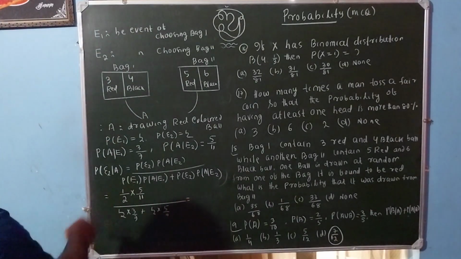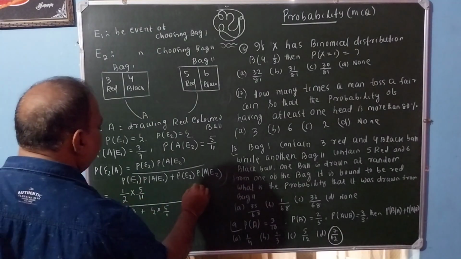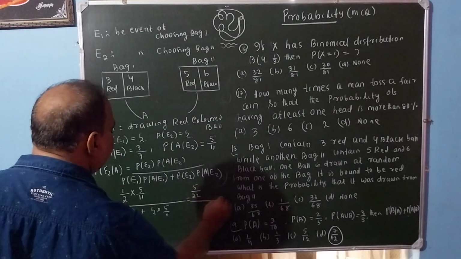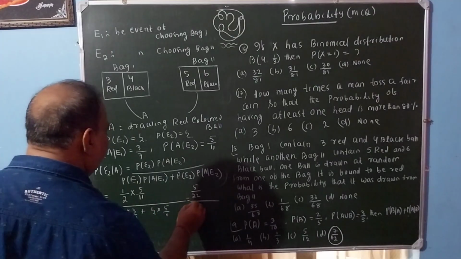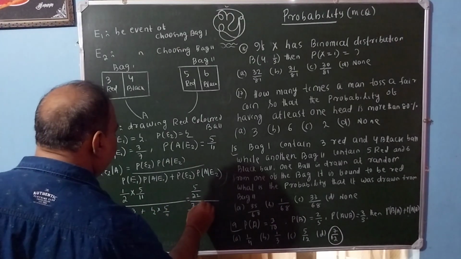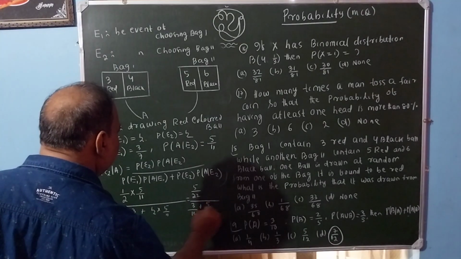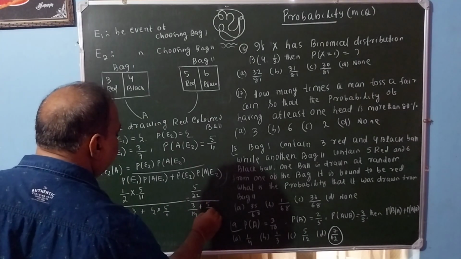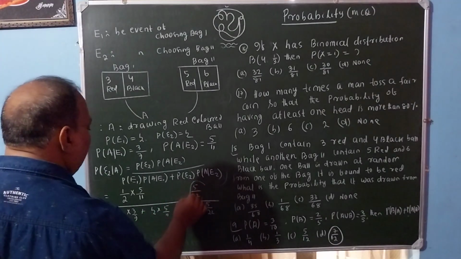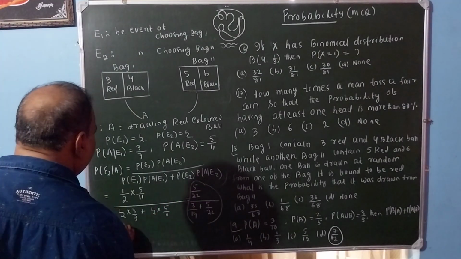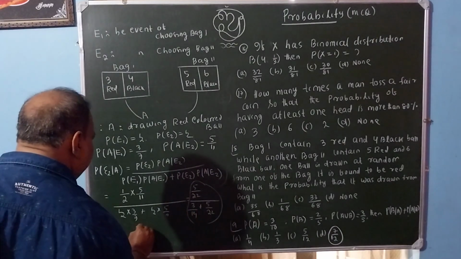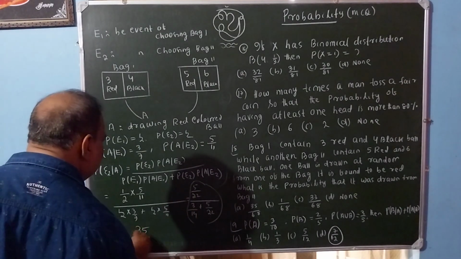Okay, simplify. 5 by 2 into 11, 20. Here simplify 3 by 14, 5 by 11 into 2, 20. So after simplification, the result is coming out 35 by 68.